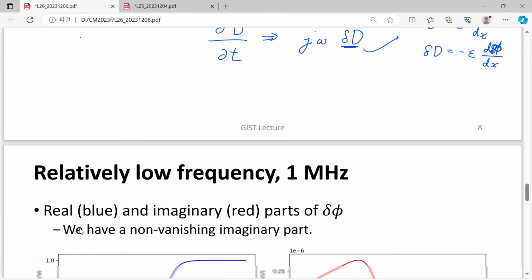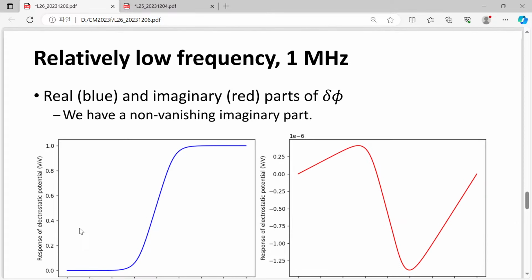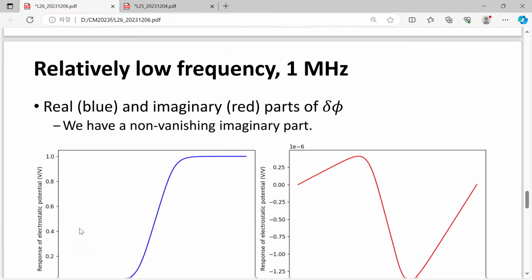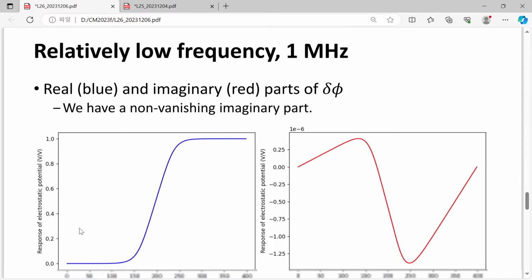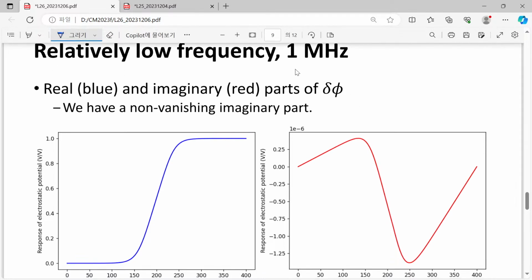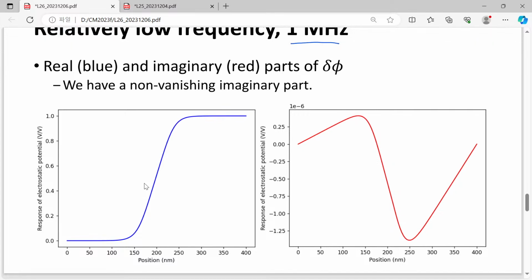Then I think that now we are going to the almost last slide of our lecture in this semester. Let's consider a relatively low frequency like 1 megahertz. Here your solution has a real part and an imaginary part because everything is now a complex number.